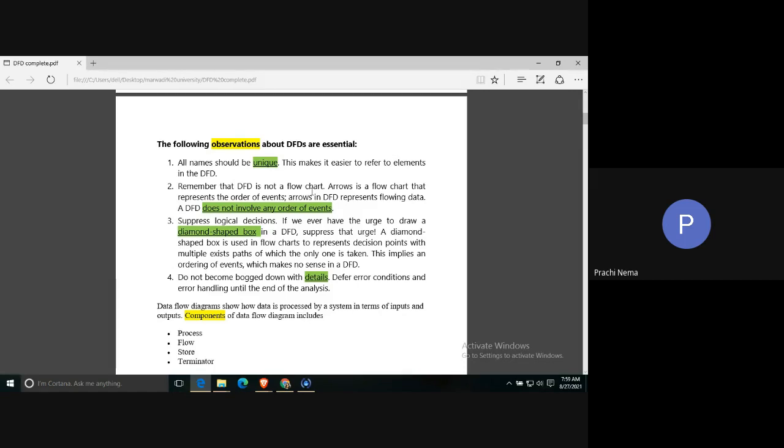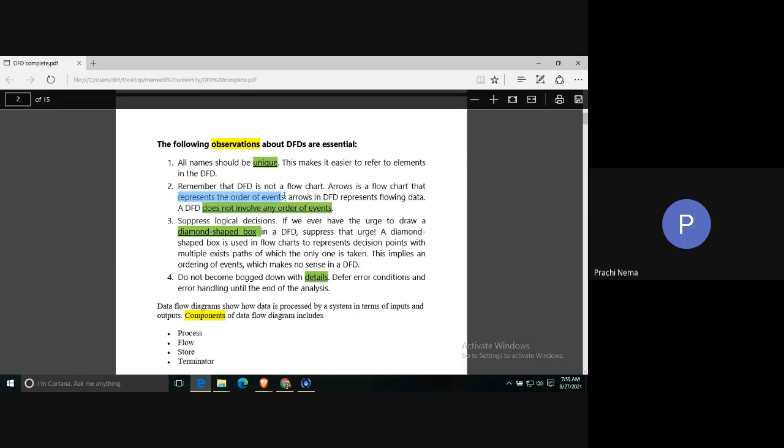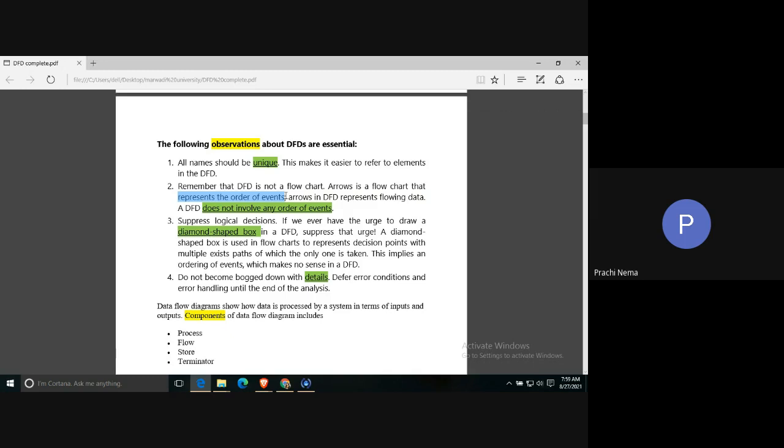What is the order of events? It means you need to follow a step-wise procedure to make a flowchart. When you are on step 1 and complete it, only then can you jump to step 2. But in a DFD, there is no such case. There is no ordering or sequencing of events.